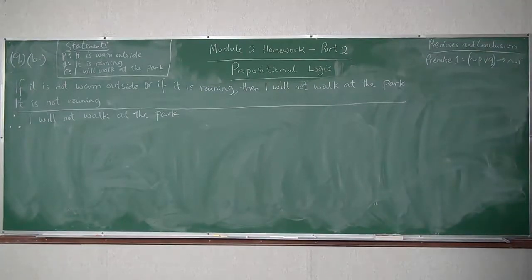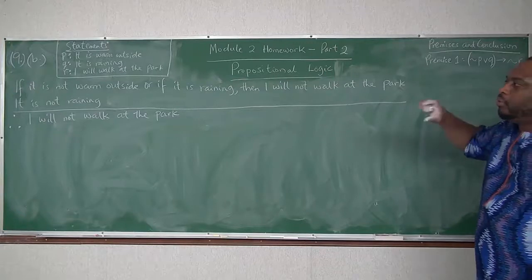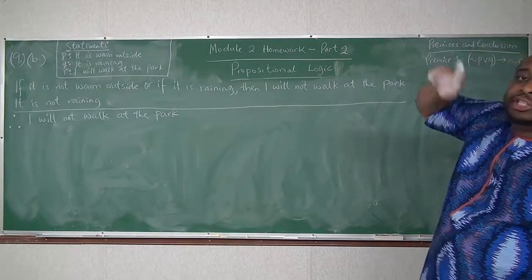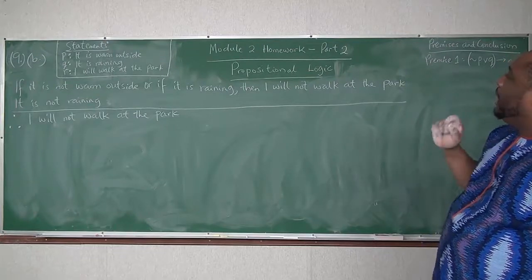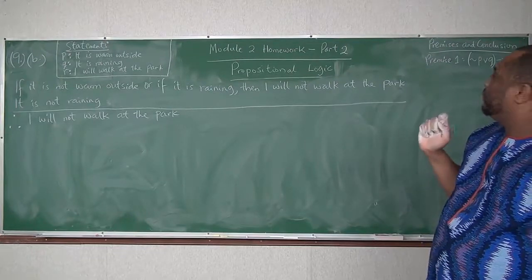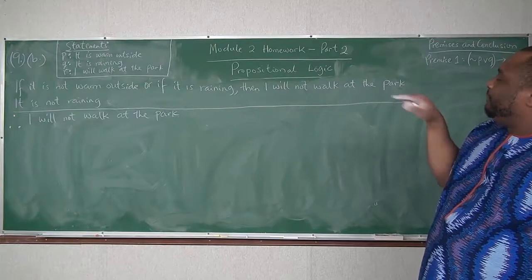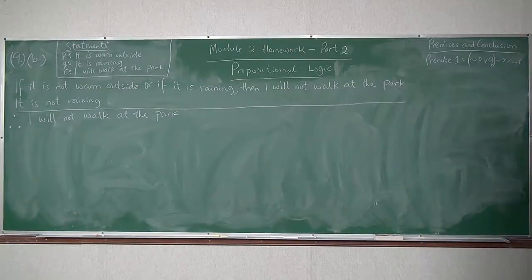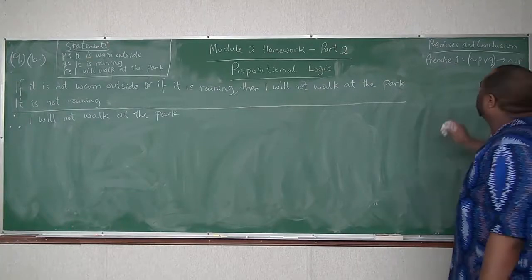Not P or Q: if it is not warm outside, warm outside is P, so not warm outside is not P. Or, if it is raining, raining is Q. Then, if-then implies I will not walk at the park. I will walk at the park is R, so I will not walk at the park is not R. That is premise 1.